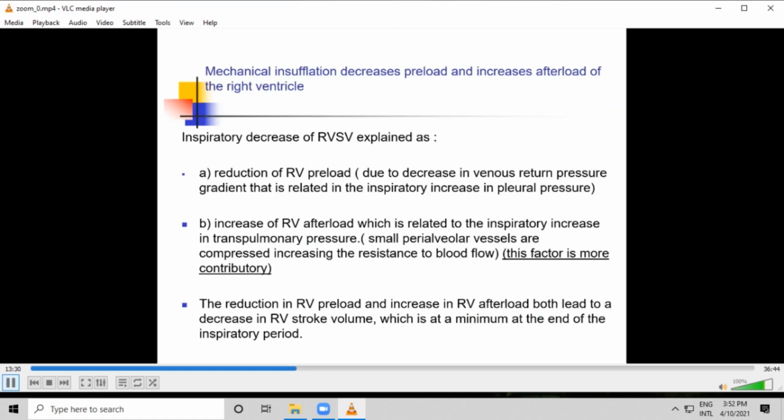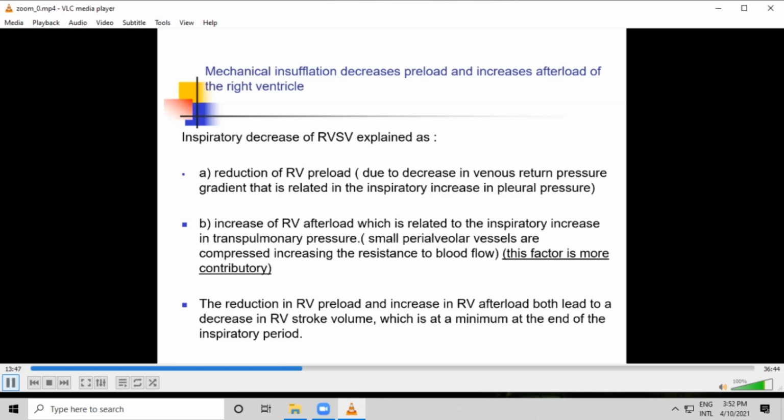Now, the increase of RV afterload is related to the inspiratory increase in transpulmonary pressure. How do we explain this? The small peri-alveolar vessels are compressed, increasing the resistance to blood flow.